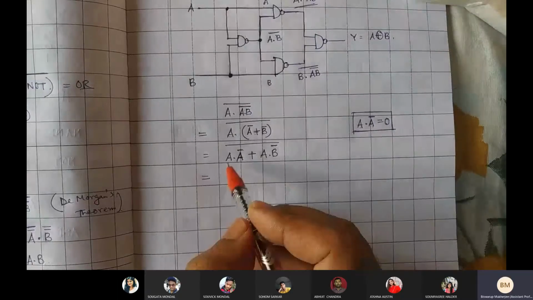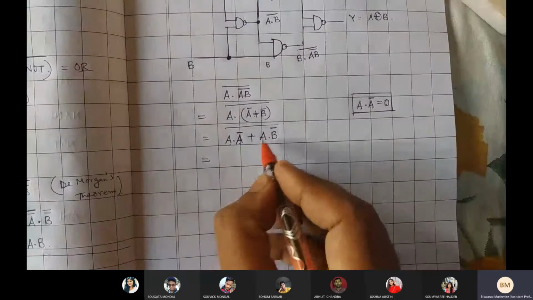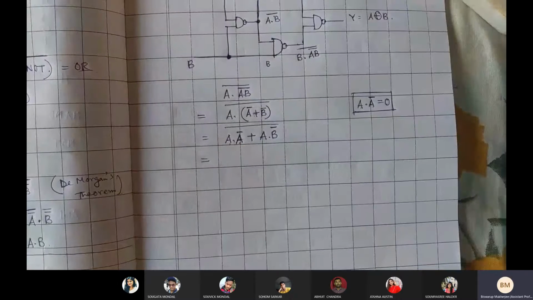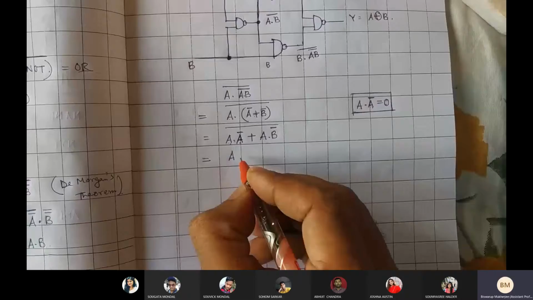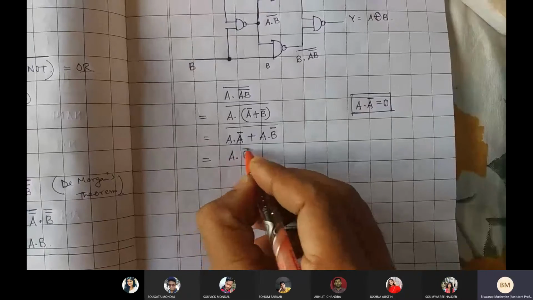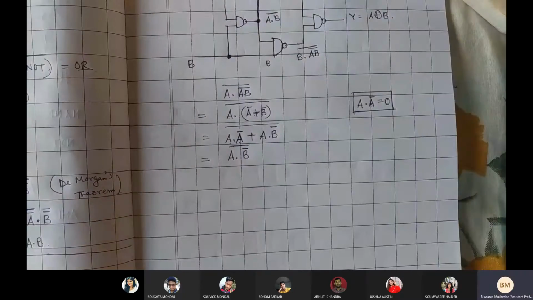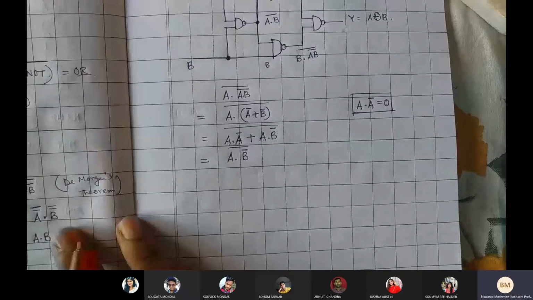You can use that right over here, and as a result 0 plus A dot B bar is equal to A dot B bar. You can write it down like this: A dot B bar whole bar.